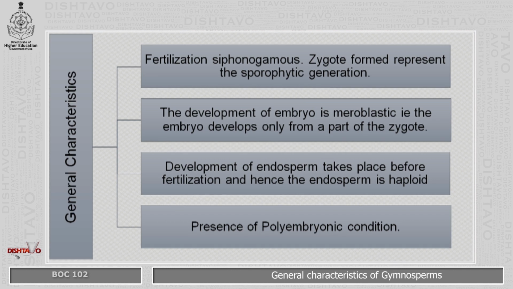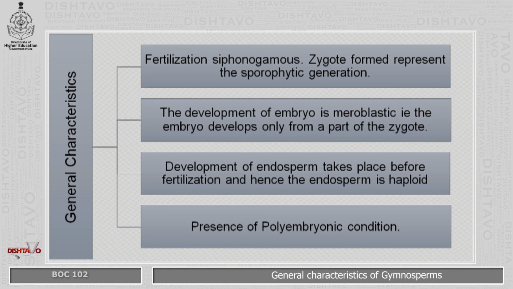Fertilization in case of gymnosperms is siphonogamous, that is, with the help of the pollen tube, the male gamete will unite with the female gamete. That is, the male gamete is carried towards the female gamete only with the help of the pollen tube. When the male gamete unites with the female gamete, a diploid zygote is formed.